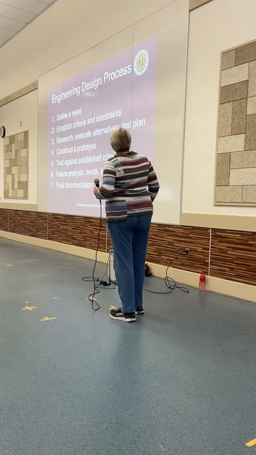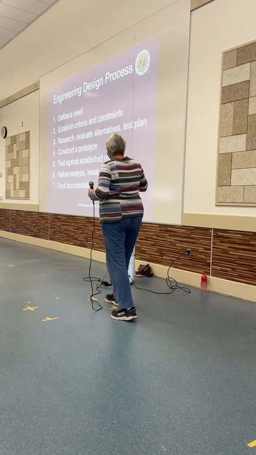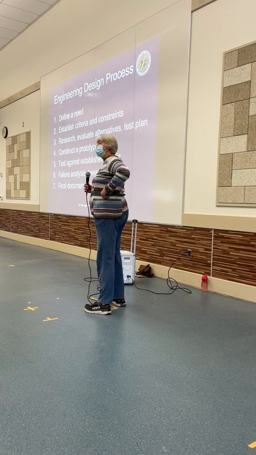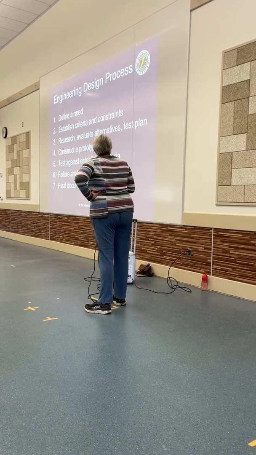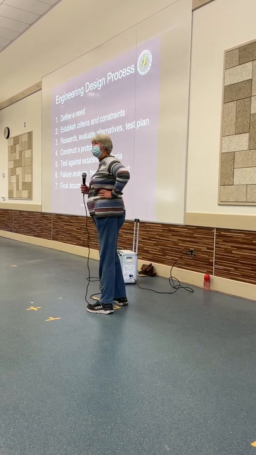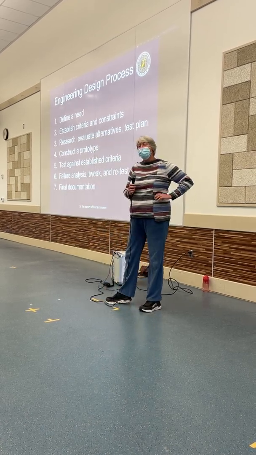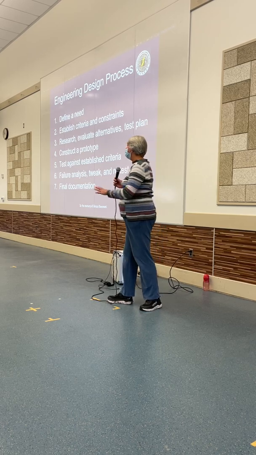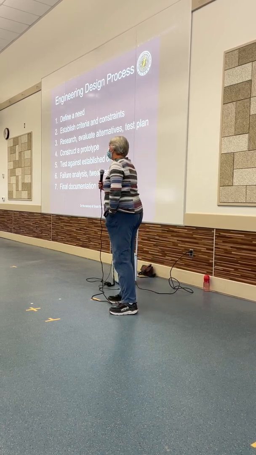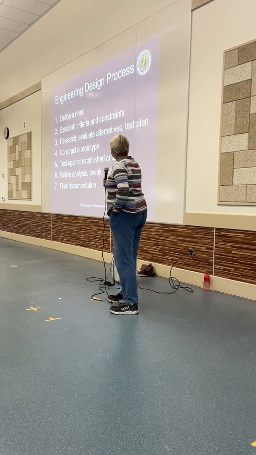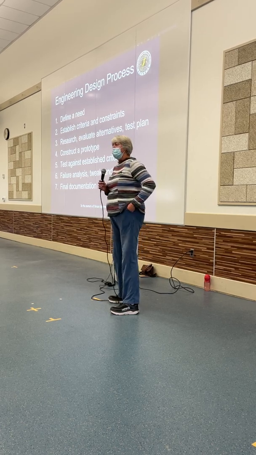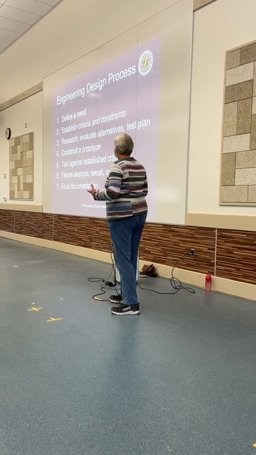And so we'll first talk about how you define the need, how you establish your criteria and constraints, research what's been done in the past, what are the alternative approaches that you could take to do this project, and how you are going to test it once you put it together.